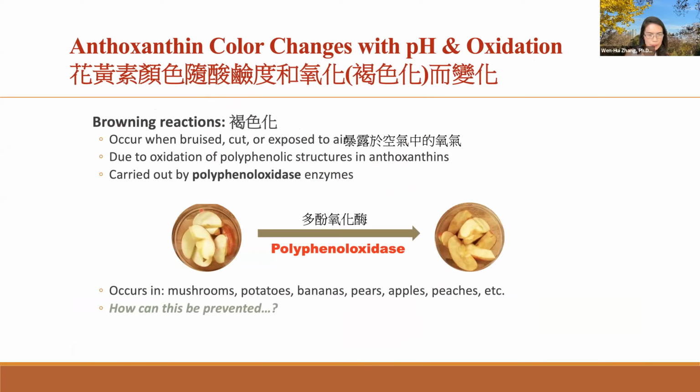Here is an example of the apples. When apples are cut, you see the cream yellow color, but when you leave them in the air, it will become this brownish color. So it's just undesirable. That's because the enzyme polyphenol oxidase oxidizes the phenolic compounds.